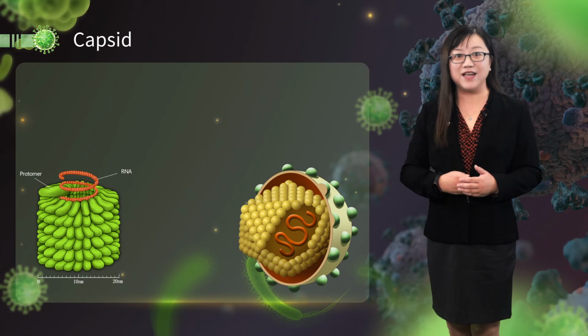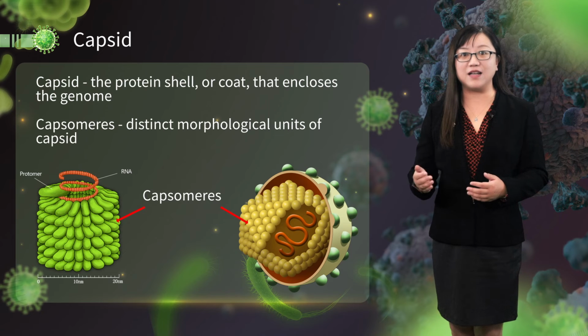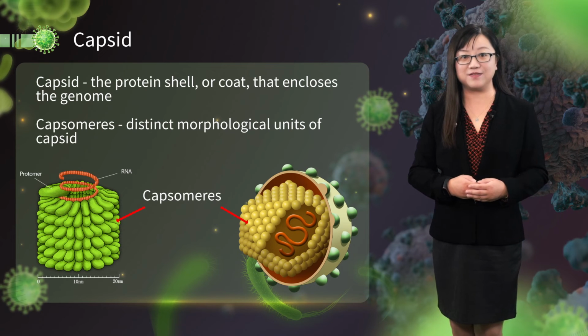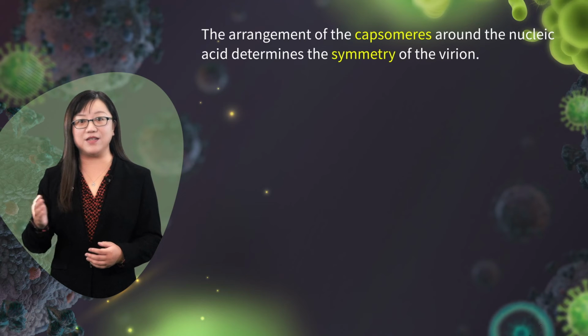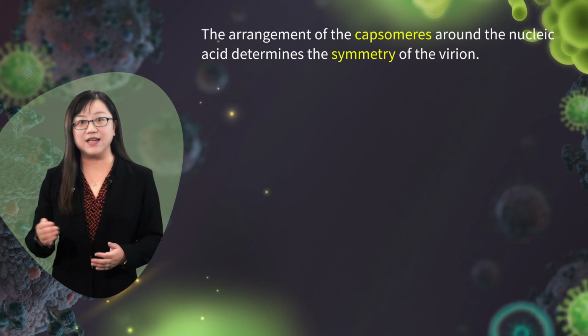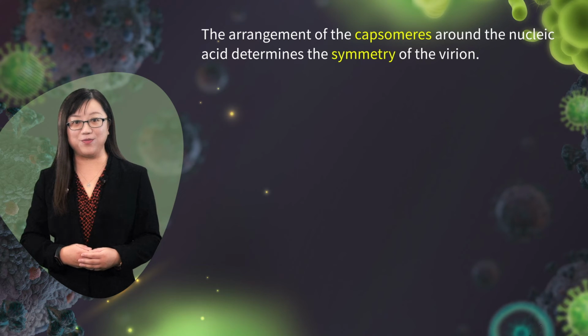Capsid. Capsid is a protein shell or coat that encloses the genome. Capsomeres are distinct morphological units of the capsid. The arrangement of the capsomeres around the nucleic acid determines the symmetry of the virion.